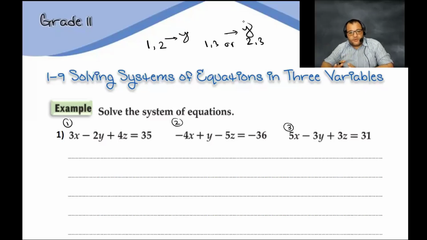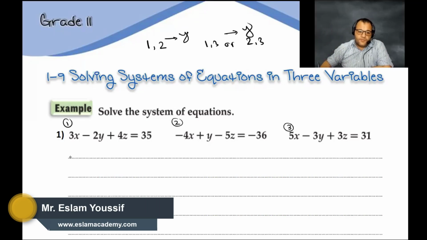So the main point is we need to make another 2 equations to remove one of the variables. The main idea of solving a system of 3 equations is to eliminate a variable. So step number 1 and number 2 remove the same variable. Any problem?